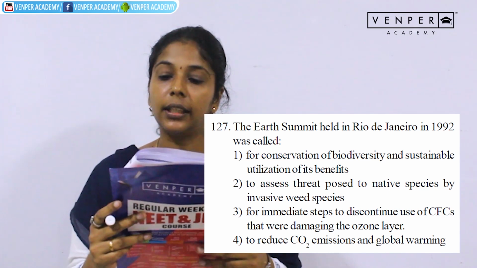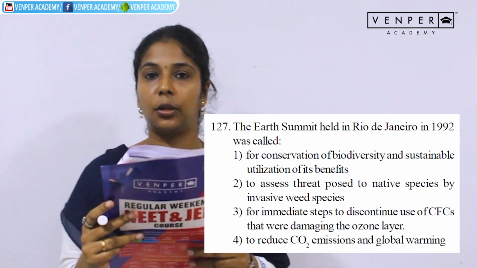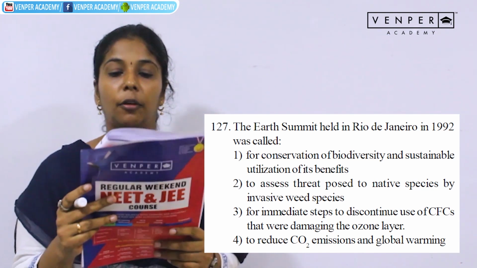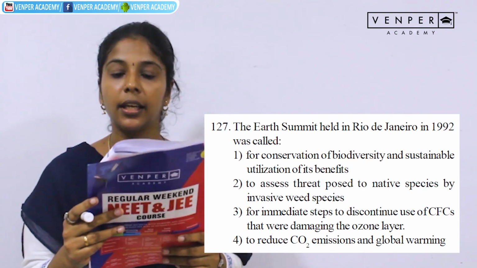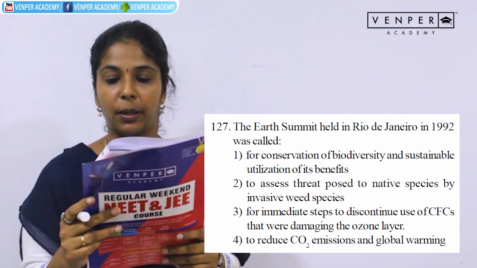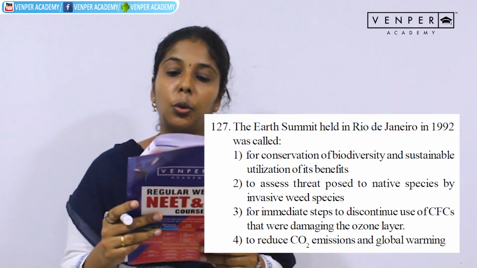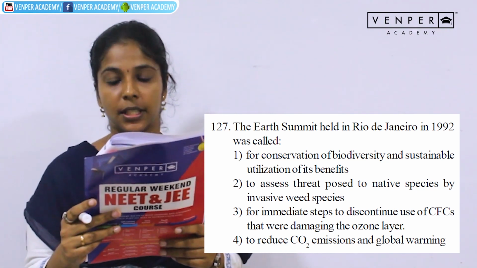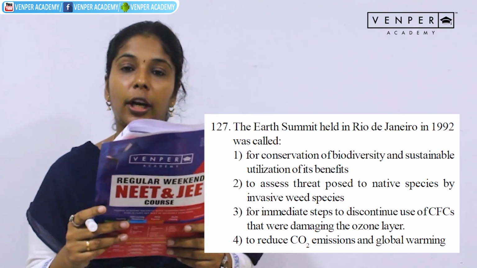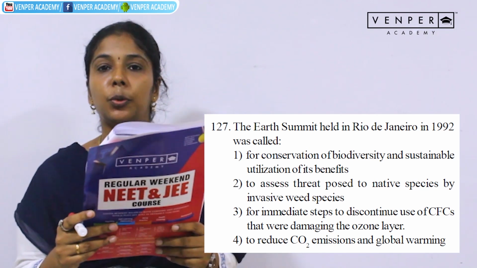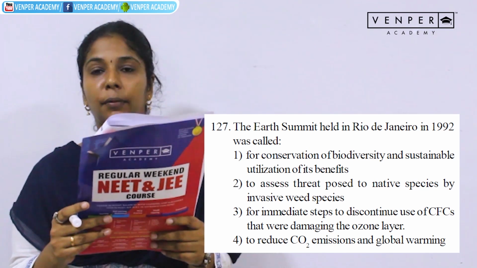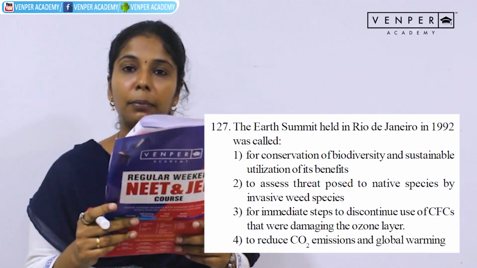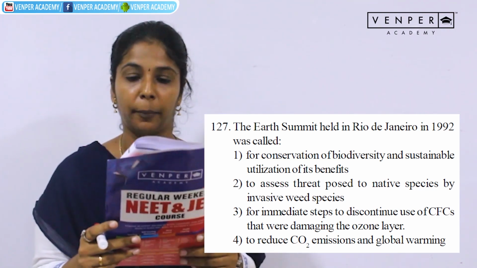Question number 127. The Earth Summit held in Rio de Janeiro in 1992 was called. The options for this question are: option 1, for conservation of biodiversity and sustainable utilization of its benefits. Option 2, to assess threat posed to native species by invasive weed species. Option 3, for immediate steps to discontinue use of chlorofluorocarbons that were damaging the ozone layer. Option number 4, to reduce carbon dioxide emission and global warming.